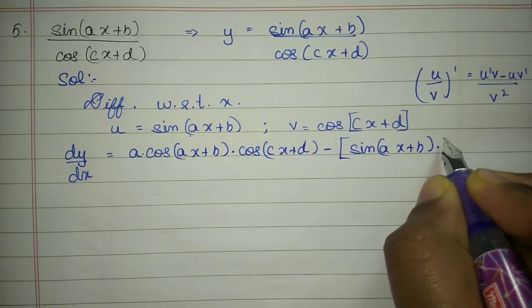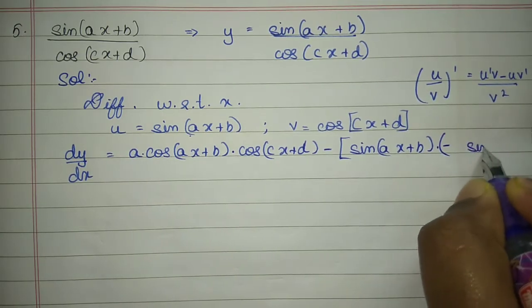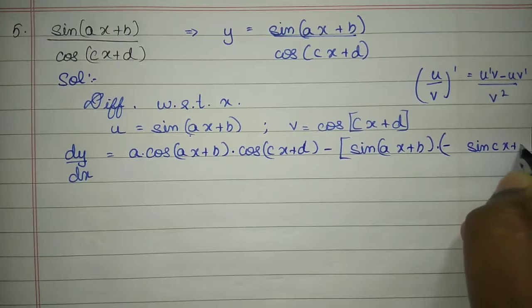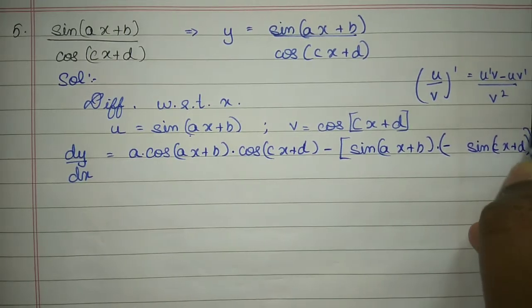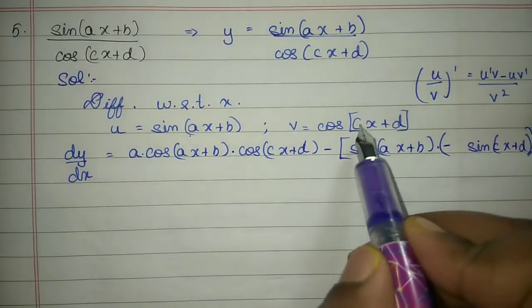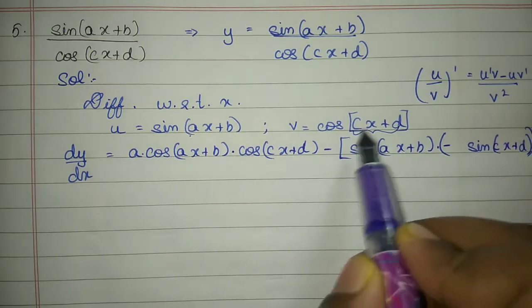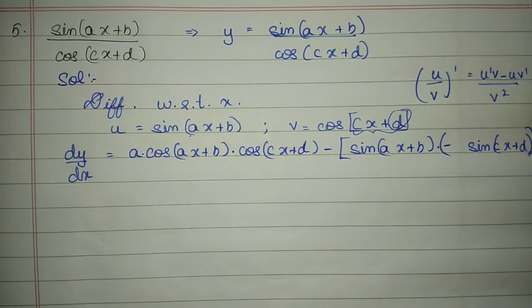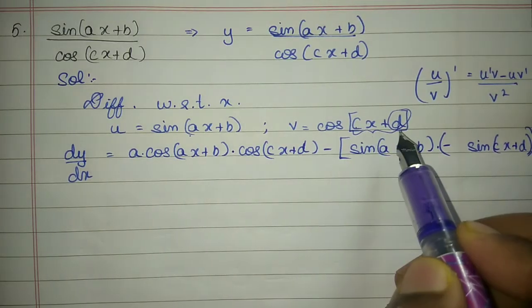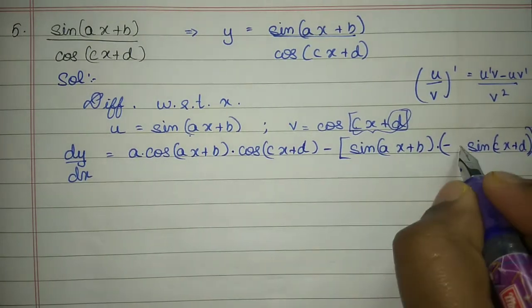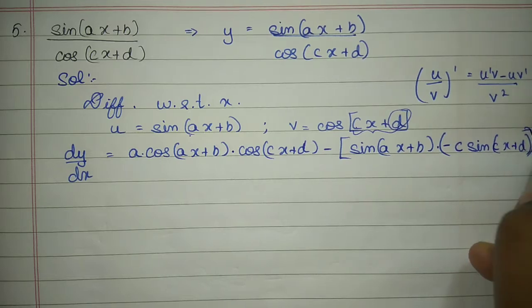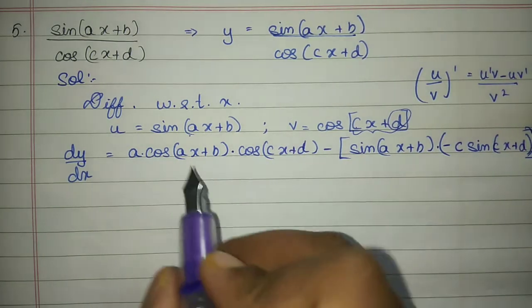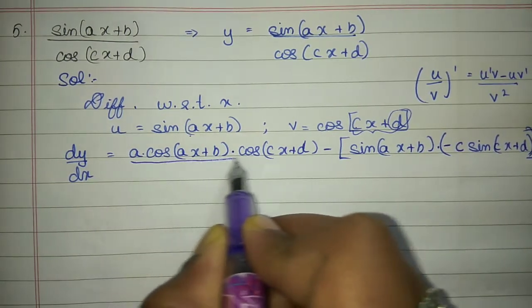So I will write sin cx plus d, and I have to differentiate this part, cx plus d. So d by dx of any constant is 0, and d by dx of cx is c only. So this is my numerator.